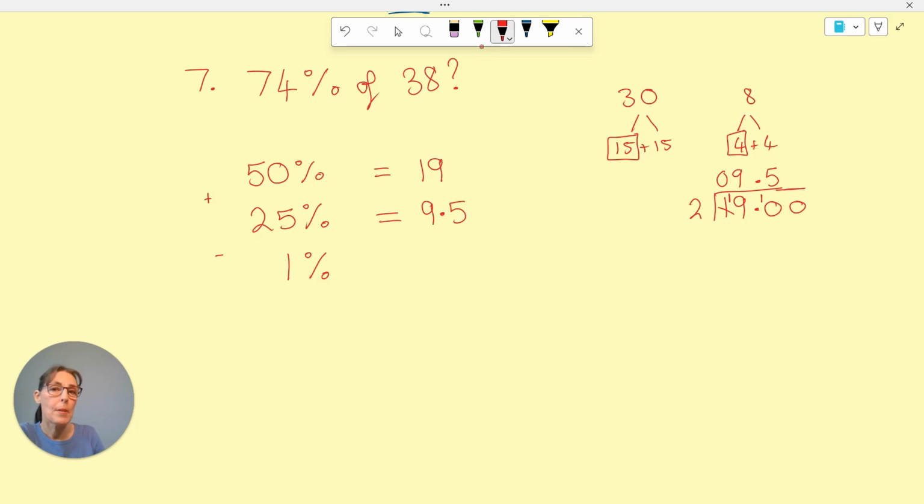All right, what's 1% of 38? 1%. So we have to divide by 100, don't we? Because we're finding 1/100th, one part out of 100. So I've got to do 38 divided by 100. Right, so let me set it up on the place value, sort of a line.